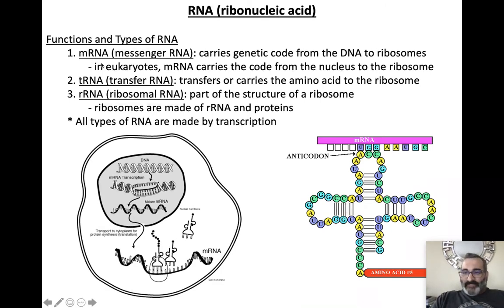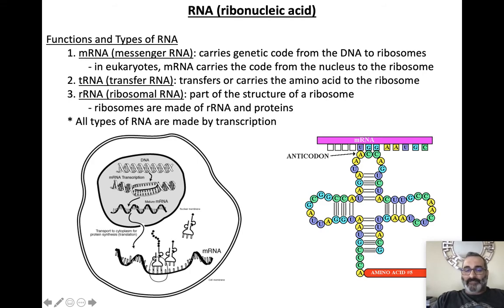mRNA. This is the messenger RNA. Well, what does that mean? Well, DNA is a code stuck inside of the nucleus. This code needs to get out of the nucleus and to the ribosome in order to produce a protein, because this whole unit is eventually about producing proteins. So mRNA is the messenger.